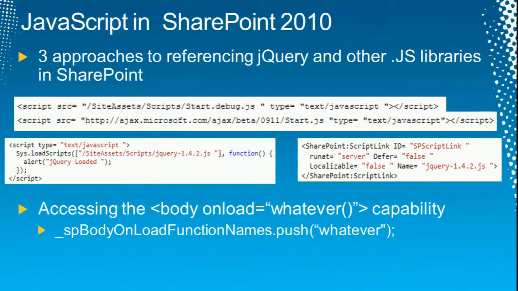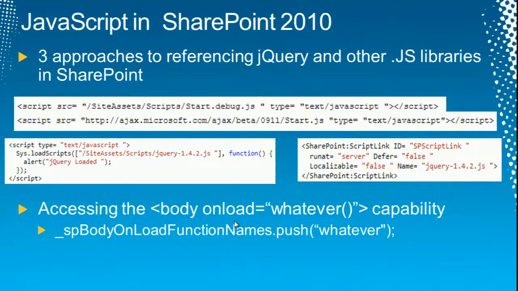Then you can use this dynamic load, and it actually checks to see if jQuery is already loaded. So if you're doing this in multiple types of web parts, this is going to be the one to look at for your implementation.